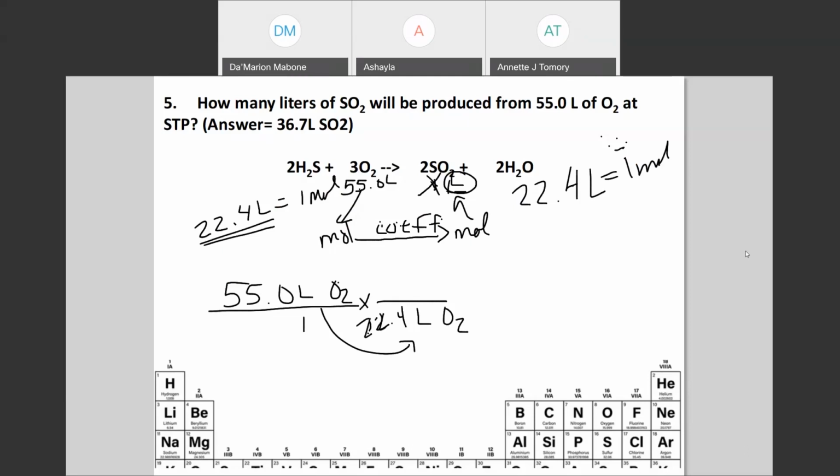What goes on the top? Well, look at your conversion factor. 1 mole. So 22.4 goes on the bottom. 1 mole of O2 will go on the top.